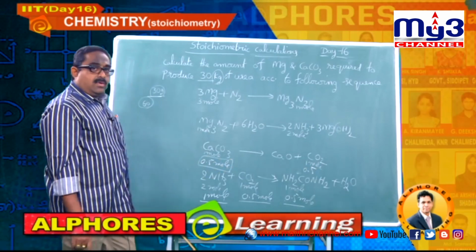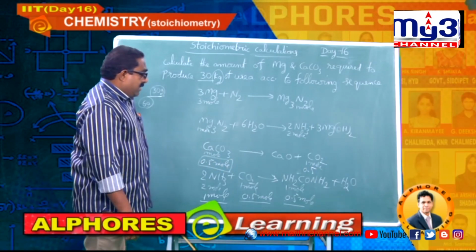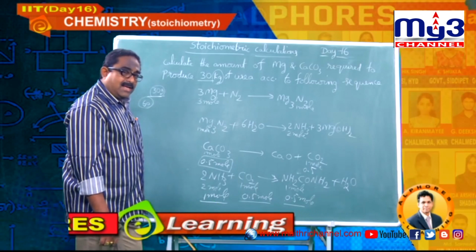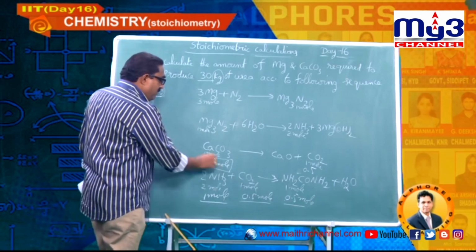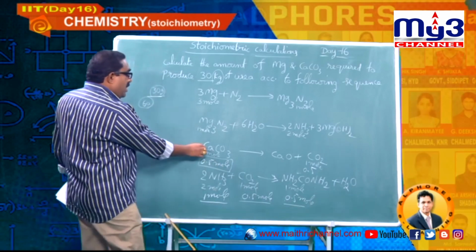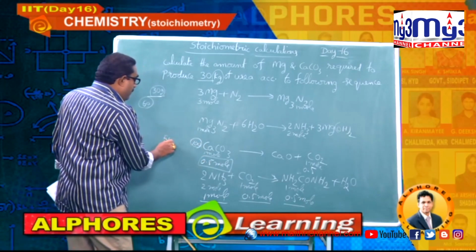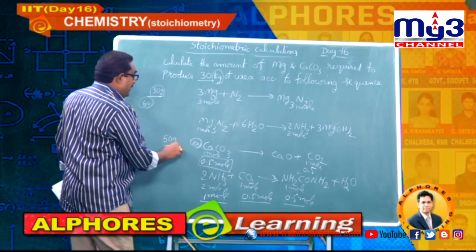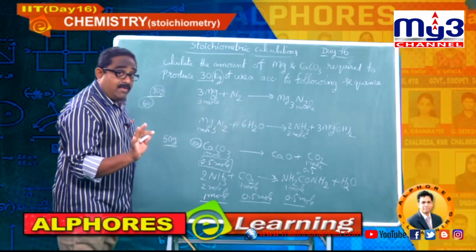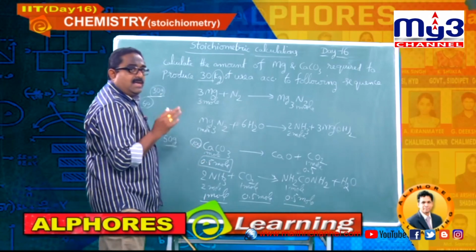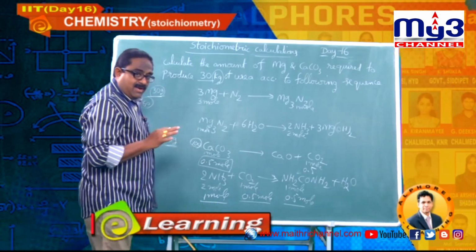So my final requirement of limestone or calcium carbonate is 0.5 mole. We know the molar mass of limestone is 100 grams, 0.5 mole means 50 grams. For 30 grams of urea, 50 grams is needed. Half of the question we have evaluated now.